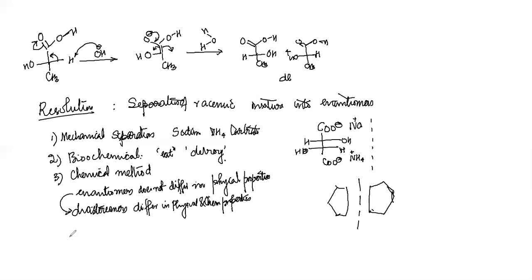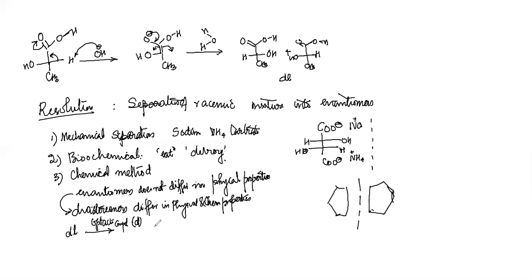So you take a DL mixture and react it with an optically active compound. Optically active means it will be having only D or L. So we will put D only.